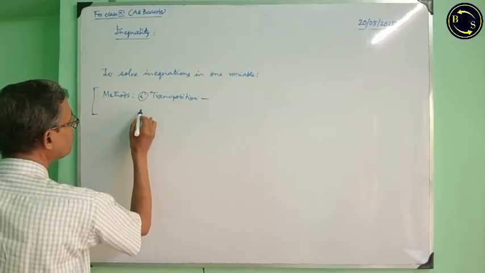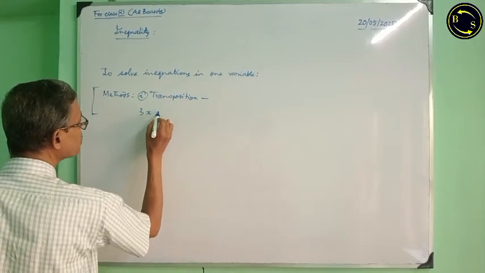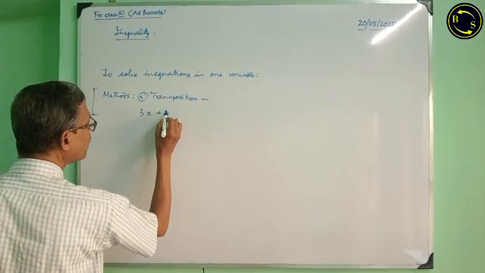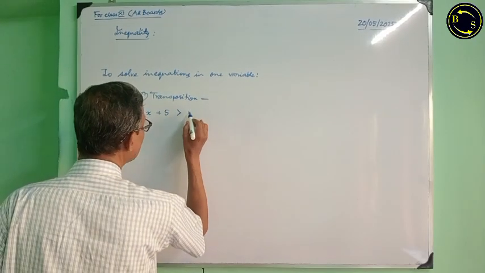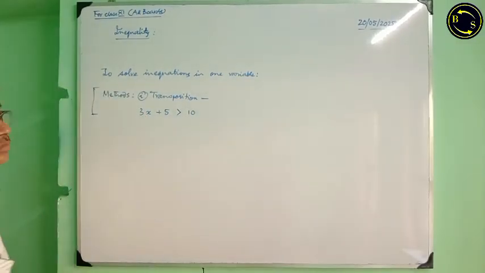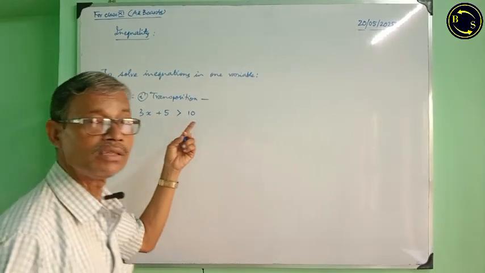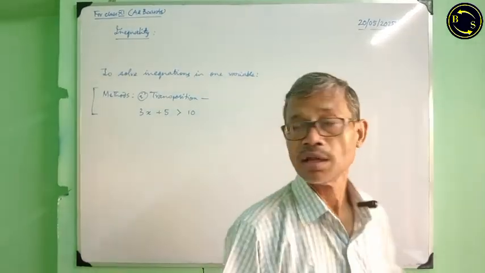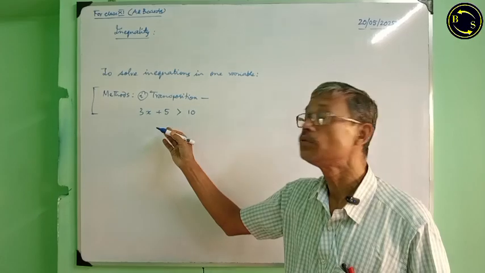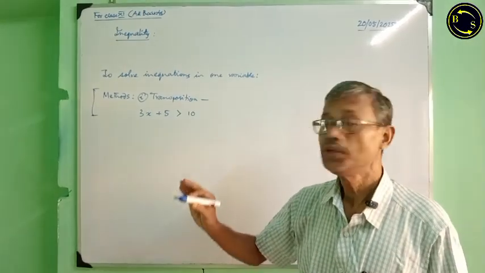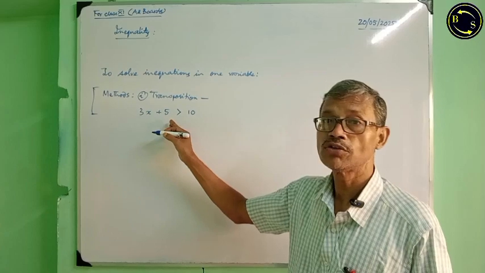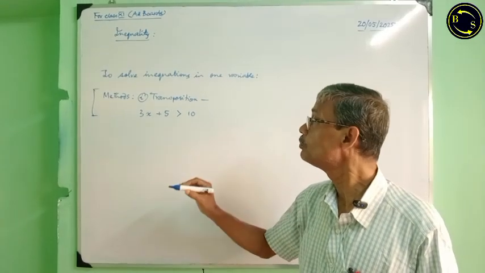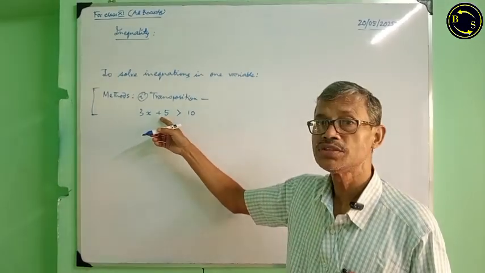I take an example, 3x plus 5 say greater than 10. On the left hand side there is variable as well as constant. Now to get the value of x we have to transfer the constant on the right side. How we do? Here plus 5 is there.